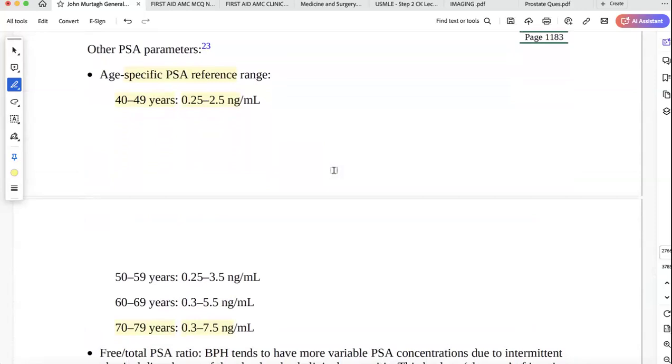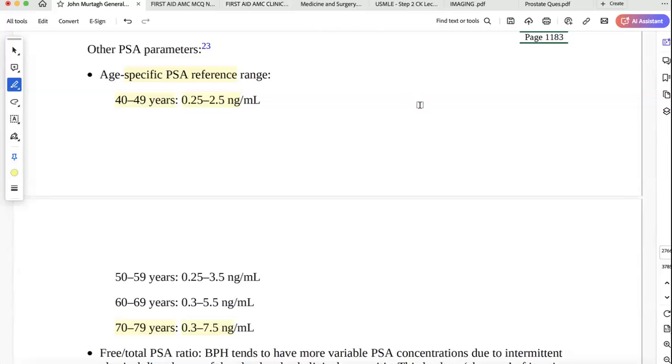Okay. So once you have done the MRI, the prostate MRI will give us the idea if there is any suspicious nodule growing in the prostate. If it says yes, there is a suspicious nodule, the next step is to go for a transrectal ultrasound guided biopsy.